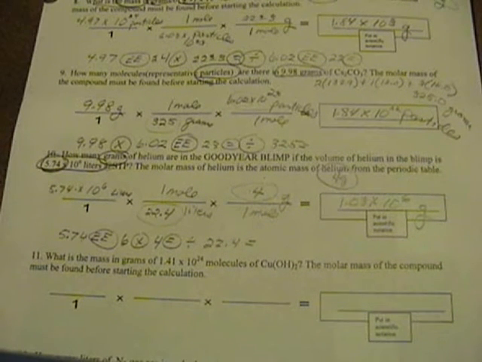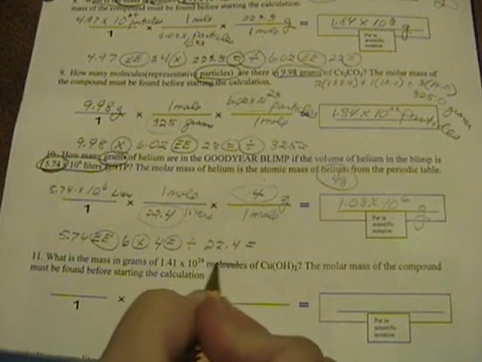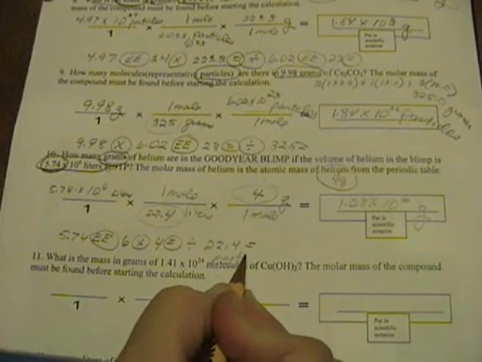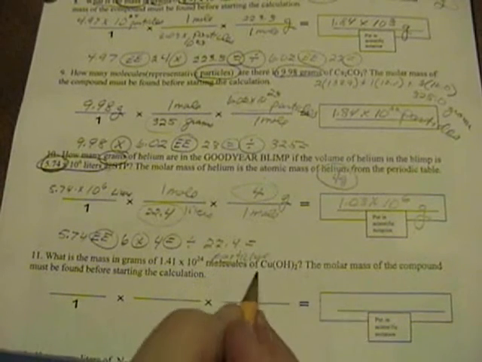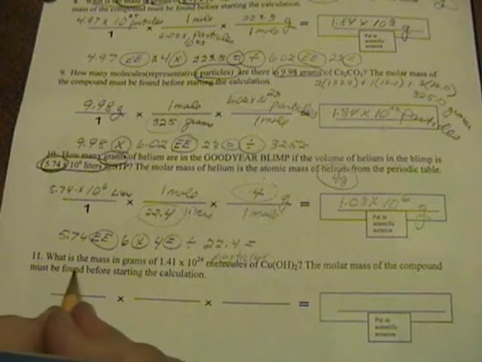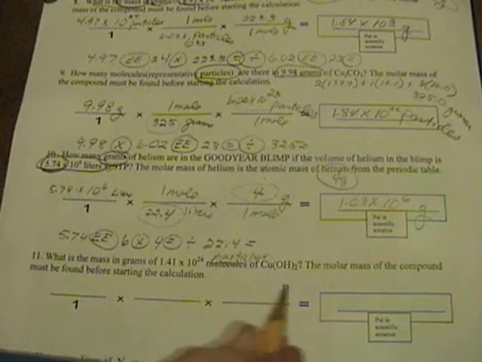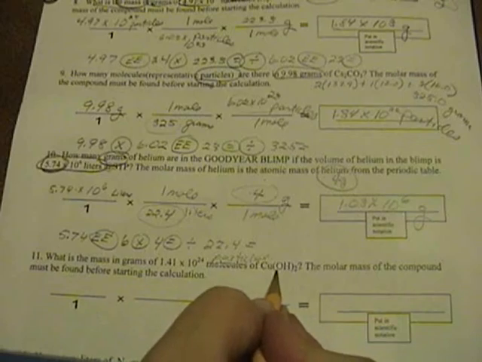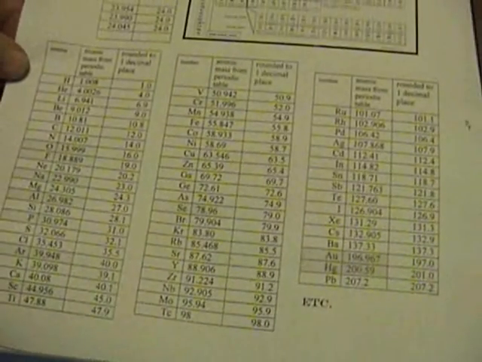What is the mass in grams of 1.41 times 10 to the 24th molecules? Now remember, we can substitute the word particles here. Of copper hydroxide, the molar mass of the compound must be found before starting the calculation. So we're going to have to look up copper and oxygen and hydrogen either from the periodic table or from an atomic mass list.